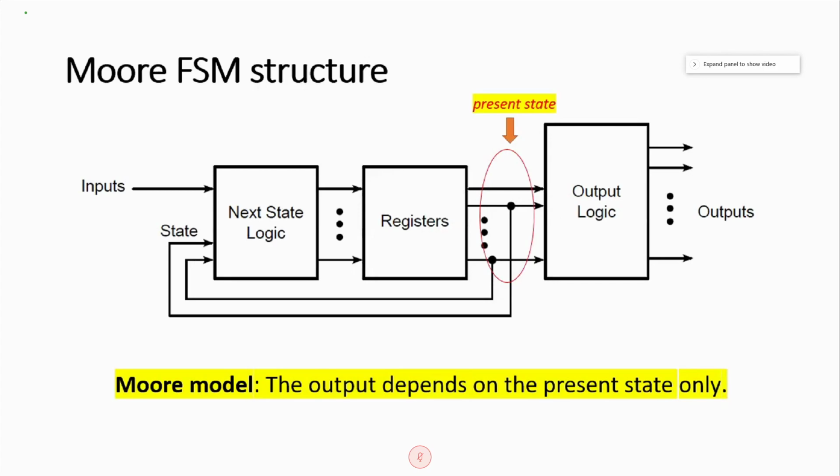The first one is called Moore finite state machine. So what is Moore? Every finite state machine has next state logic, a register, and output logic. The present state is the output of the register, and when you feed it back, the input for the register comes from the next state logic, and you have the output logic, and you have the input.